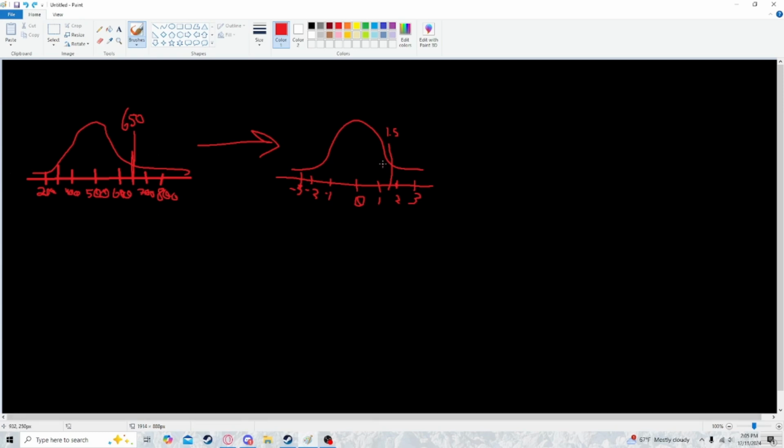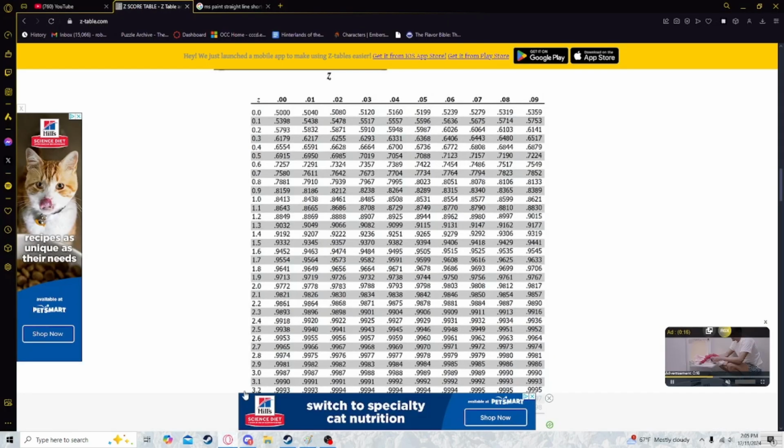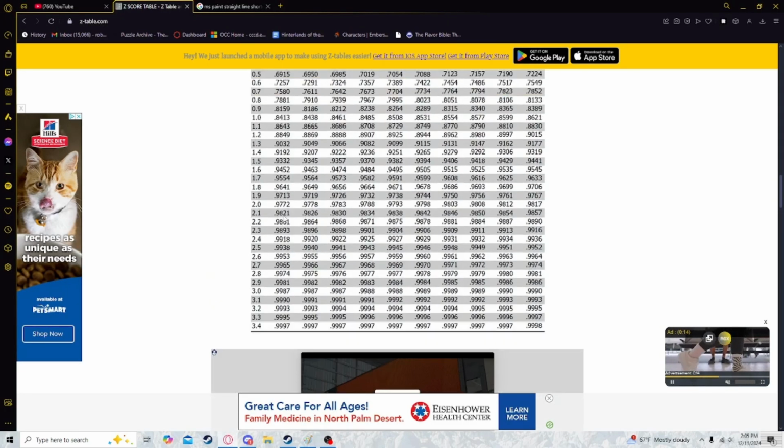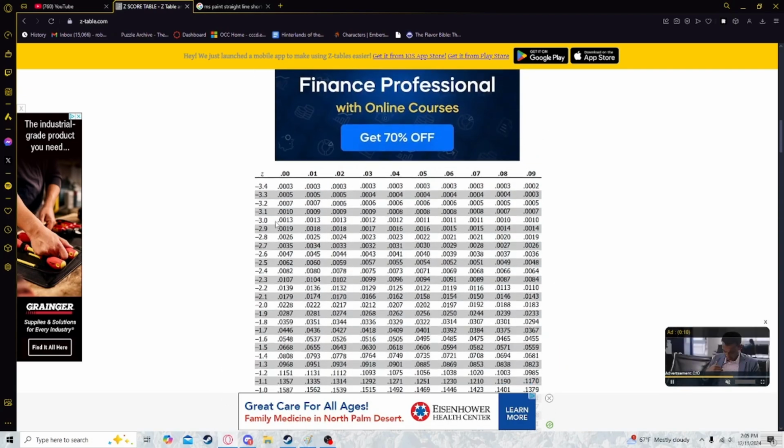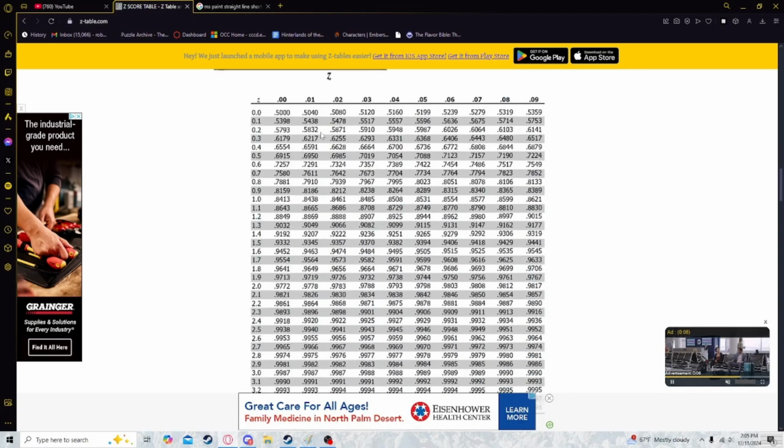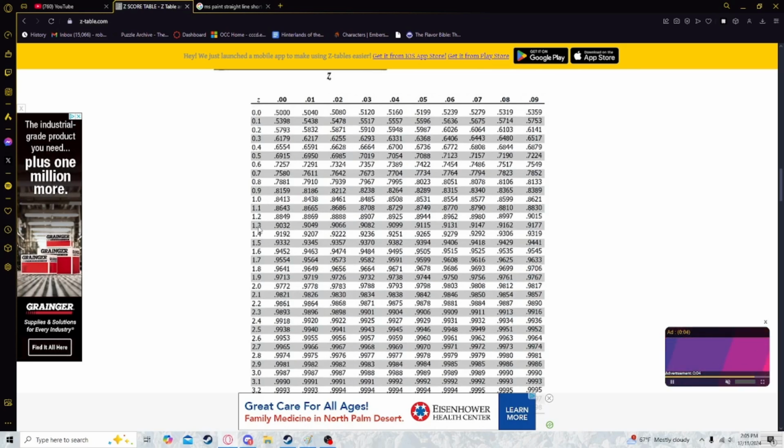To properly calculate this you need to know calculus, but someone already did that for us, so we have these beautiful tables. Because we're dealing with a positive z number, we would consult this over here, and our number is 1.5, so 1.5 with nothing else. 1.5 is .9332, times 100 to get the percentage.